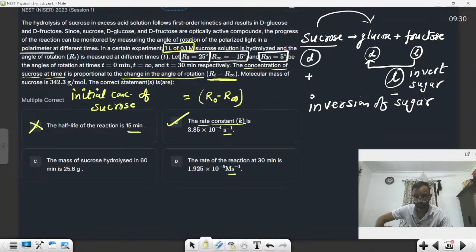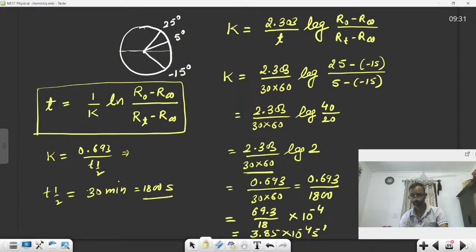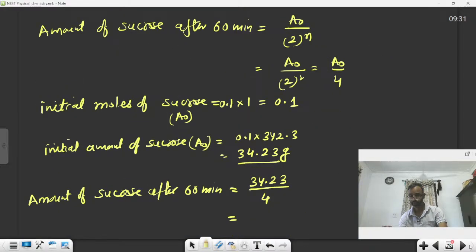So we have to calculate the mass of sucrose hydrolyzed in 60 minutes. This is the amount of sucrose left after 60 minutes. Hydrolyzed means initial minus that amount.